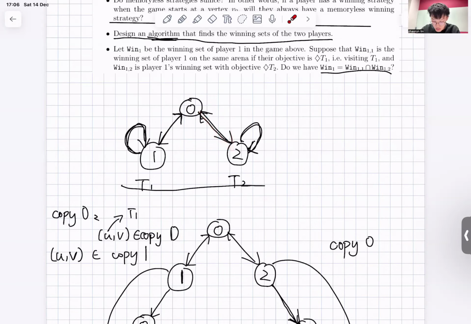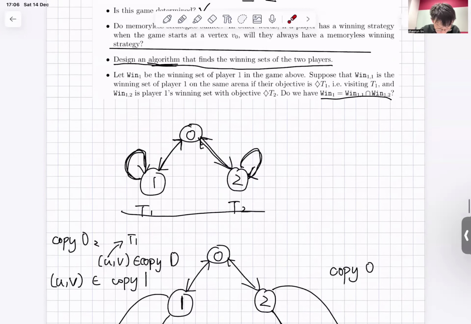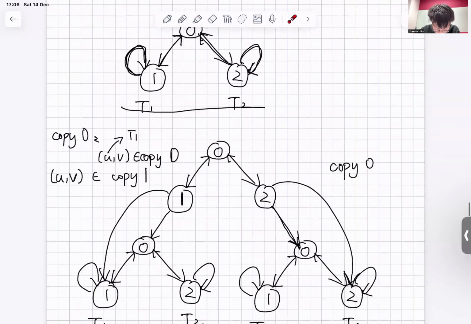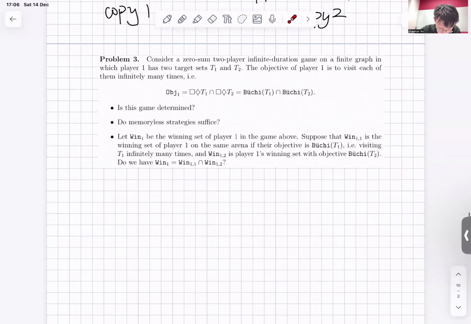So it is not equal, because for Win1 we just need to take an edge here and then we stay here. Same for Win2. But for Win1,2 we must take an edge to vertex 1 and then back to vertex 0 and then to vertex 2. So they're not equal. This is problem 2.